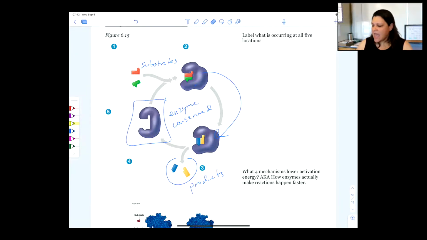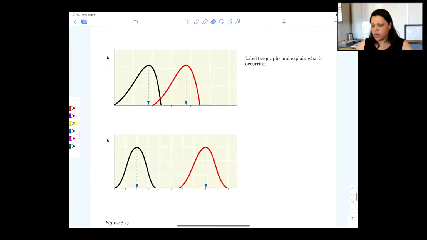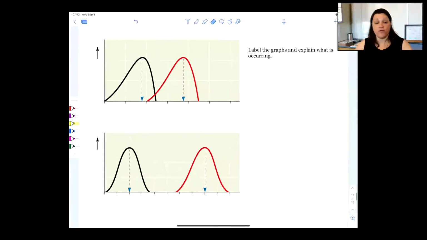That said, enzymes, though they are really cool, are not void of their own particular environments. So let's go back and think about what the chemical structure of the enzyme is. Remember, it's all chemistry, macromolecules. Whatever its specific R groups are is going to give it whatever its shape is. Those R groups and that shape and that series of amino acids are going to be highly specific for environments.